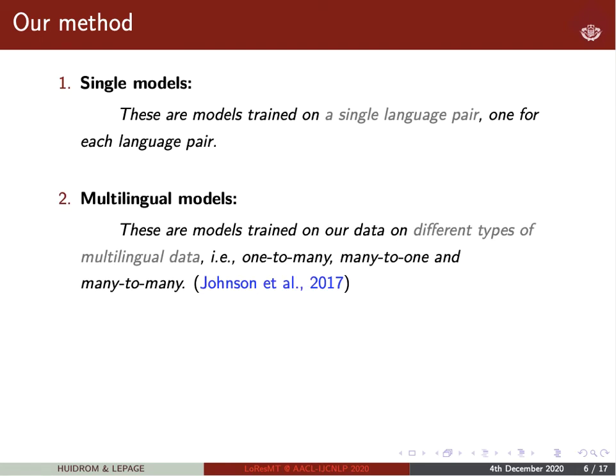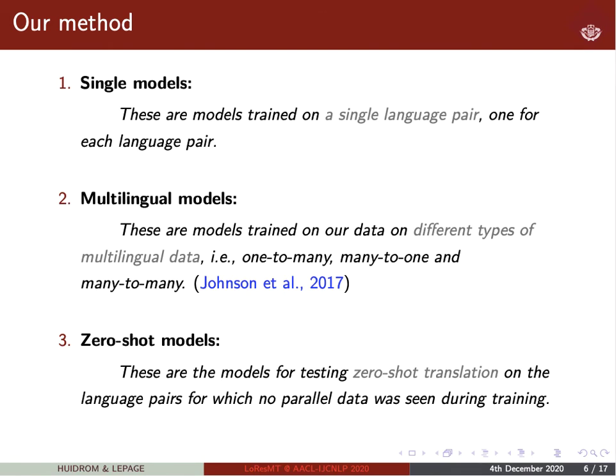The second one is multilingual models. These models are trained on different types of multilingual data. There are many ways, like one-to-many, many-to-one, and many-to-many.